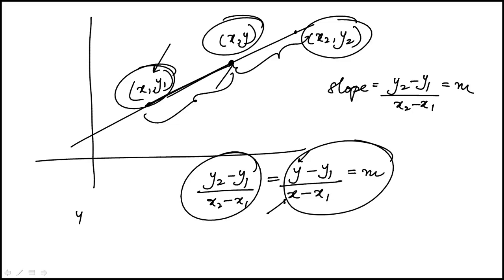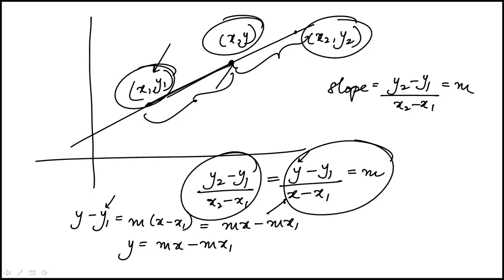I'm going to rewrite this, multiply both sides by (x minus x1), and then expand this. And then I'm going to add y1 to both sides. It becomes y equals mx minus mx1 plus y1. And now this is some number, because ultimately these are numbers, the points, the slope. So I can consolidate it to this variable b.